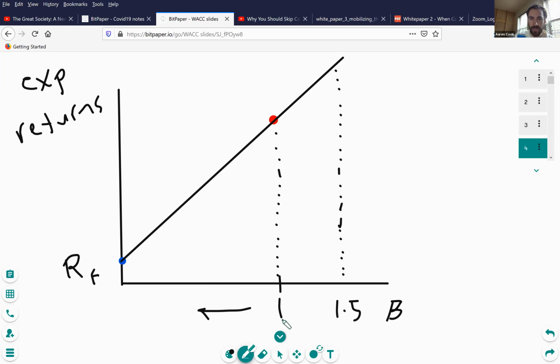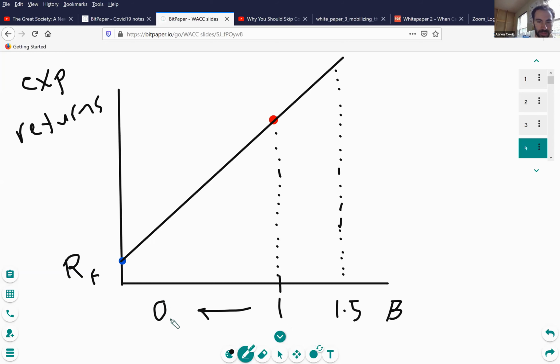So an asset that has a beta of 1.5 would be something that, if you add that asset to your existing market portfolio, your overall portfolio would become more volatile. And so it would increase the risk of your portfolio if you're holding a market portfolio.